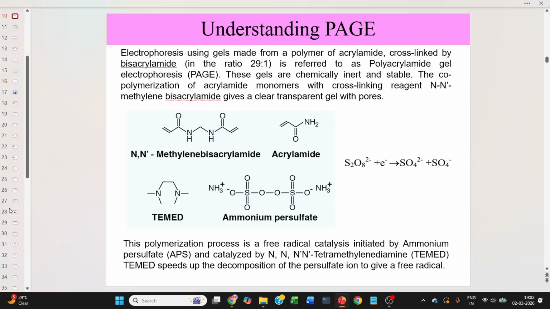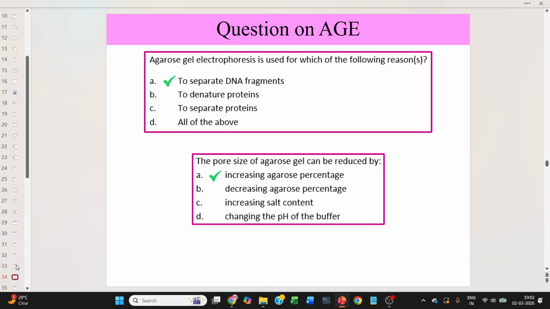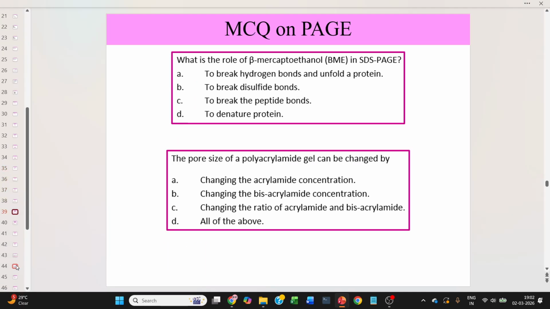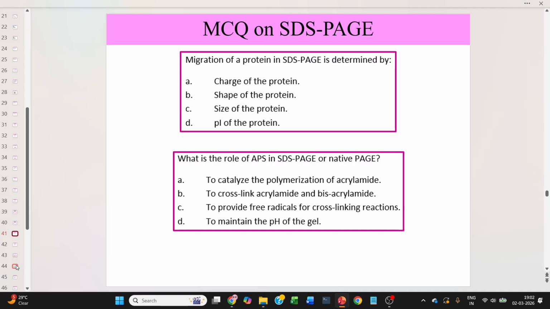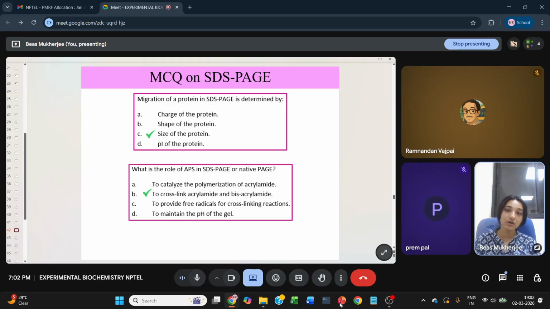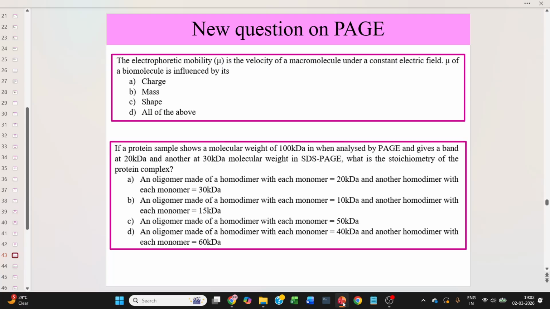Okay, whether it should be, right, one second. So whether it should be B or it should be C, I'll confirm in the next class. Okay, so we'll go to the next question.